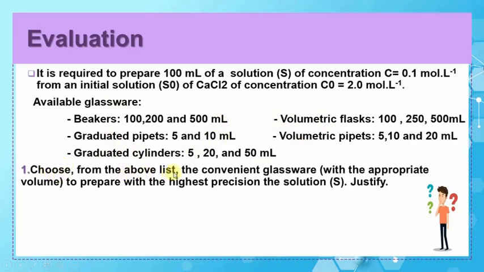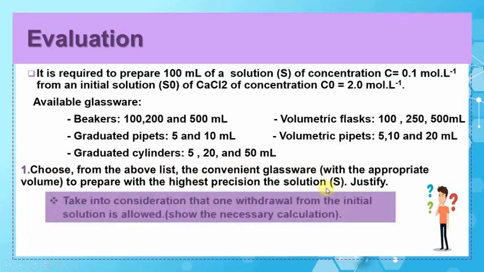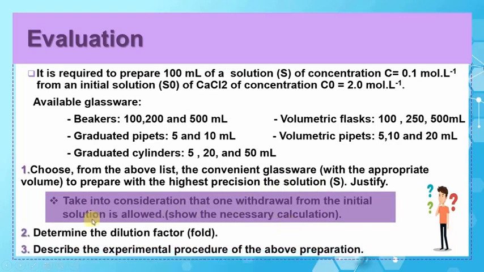Choose from the above list the convenient glassware with the appropriate volume to prepare with the highest precision the solution, as justified. Take into consideration that one withdrawal from the initial solution is allowed and you have to show the necessary calculation. Second, determine the dilution factor and then describe the experimental procedure of the above preparation.